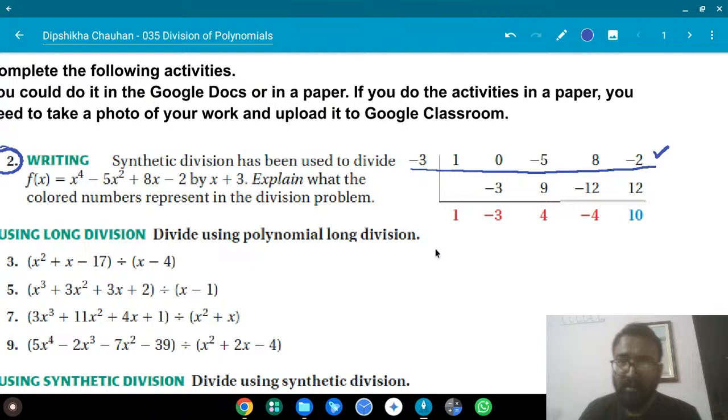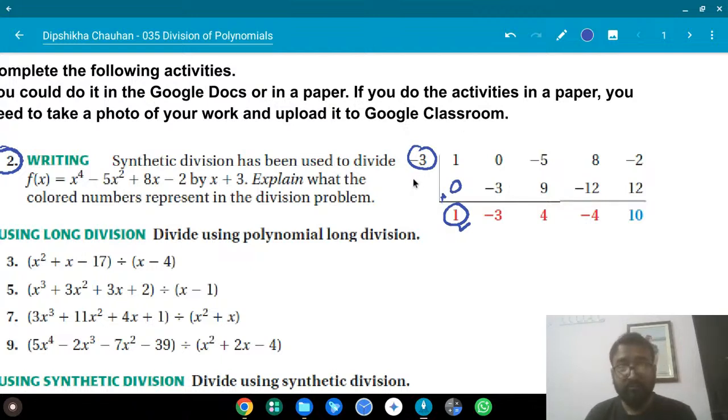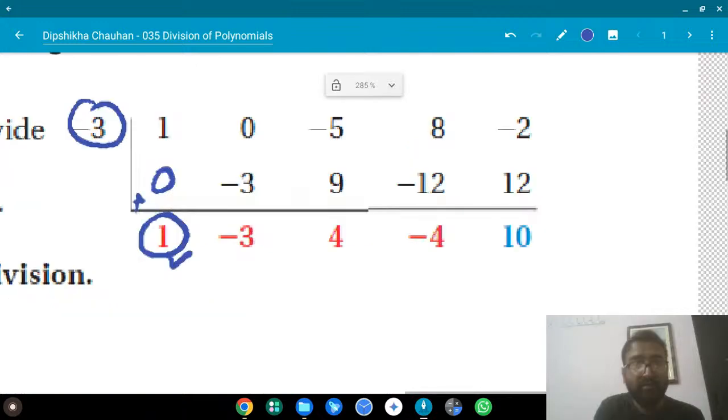So then what we have to do? Make a 0 here. So normally nothing is mentioned. Make a 0. 1 plus 0 will be 1. So this is 1. And this 1 into this minus 3, 1 times minus 3, is negative 3.